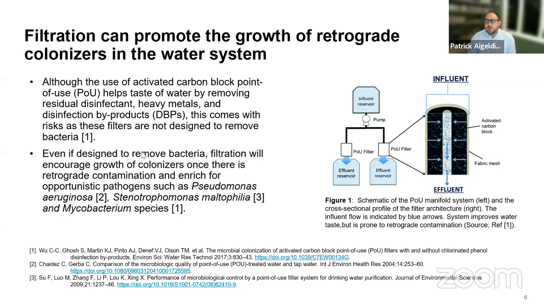Two, they also remove the chlorine, which is the natural or added protection for the water system. Even if it's designed to remove bacteria, filtration can encourage the growth of these microbes and colonizers once there's retrograde contamination.